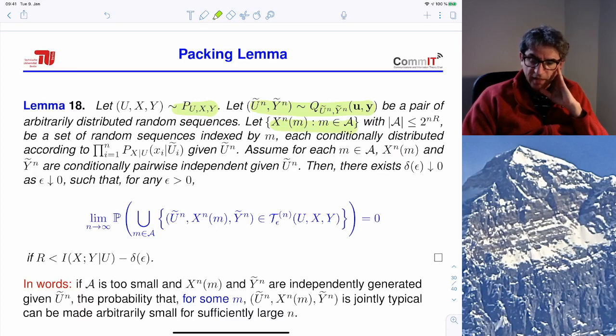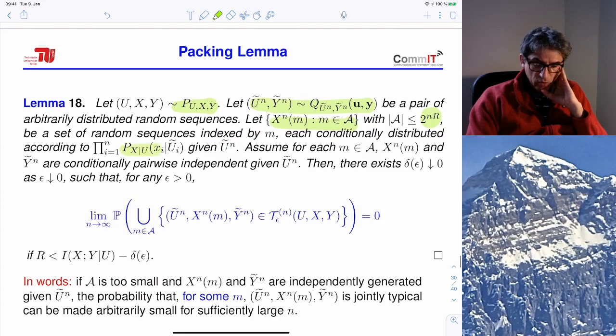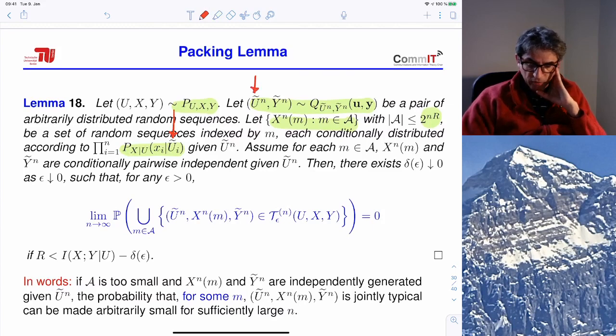So this set A is simply 1, 2, 3, 4 up to some quantity, and we have an exponential upper bound to the size of this set. And so we have a collection of sequences. And these sequences are generated according to the conditional distribution of P x given u, where the conditioning is exactly the u tilde, the same component of this sequence.